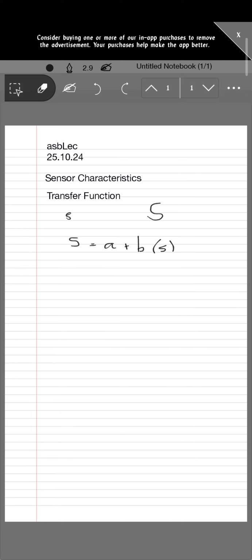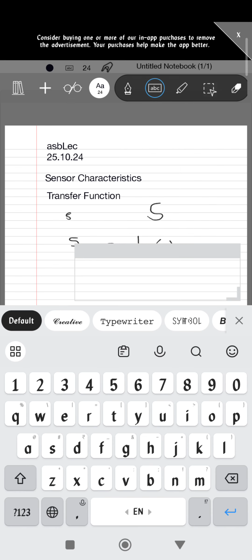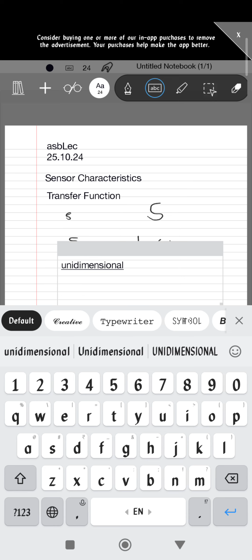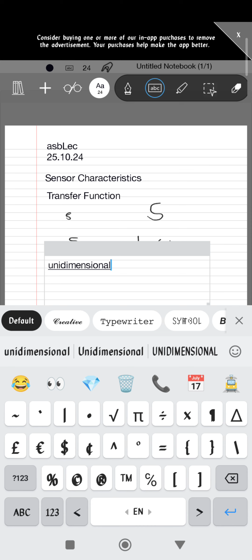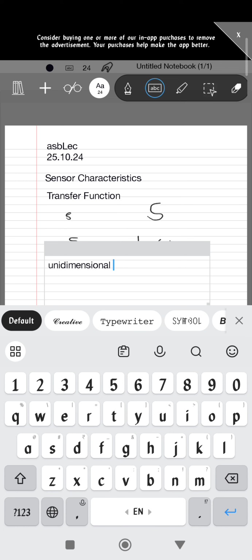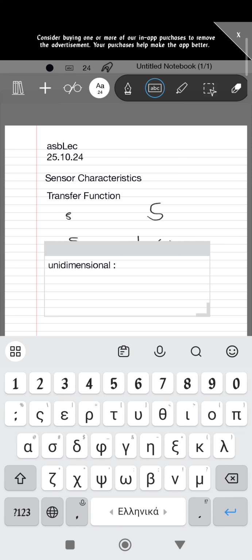This is for a unidimensional function, which means we are getting only one stimulus.